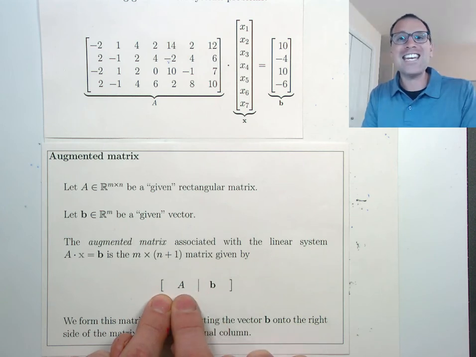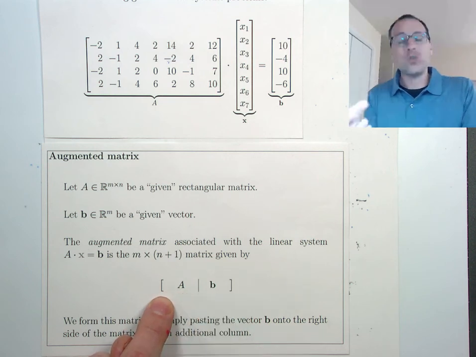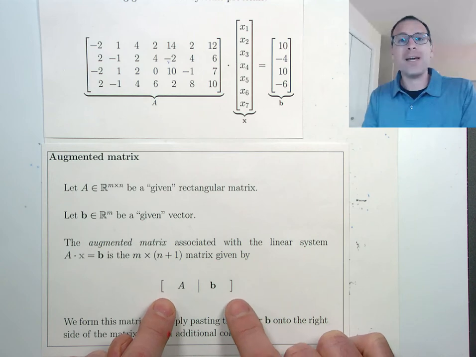So instead of N columns, it has N plus 1 columns. And we call the matrix that we produce the augmented matrix formed by A and B.